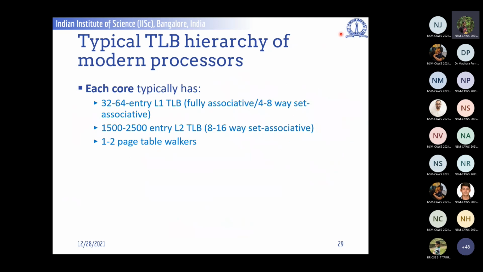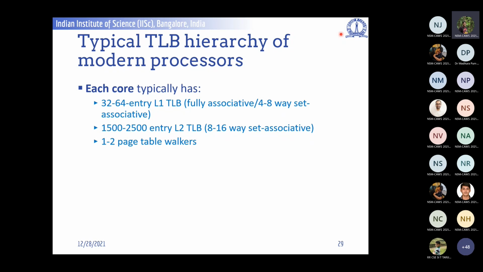In typical modern processors, here is what the TLB hierarchy looks like and how big the sizes are. You would have 32 to 64 entries in the L1 TLB, which can be fully associative, or 4 to 8 way set associative.